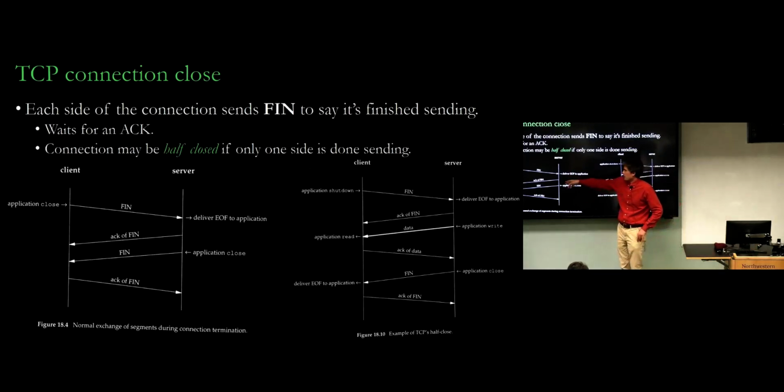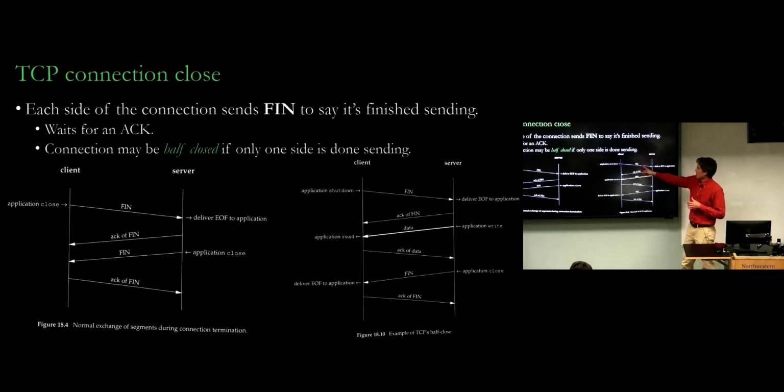And then the server acknowledges that, and it might send its own FIN. So actually, both directions of the connection can be closed separately. The client might be done sending its data, so it may close. The server may still have some data to send back, so it can stay open for a while, which is what happens here.